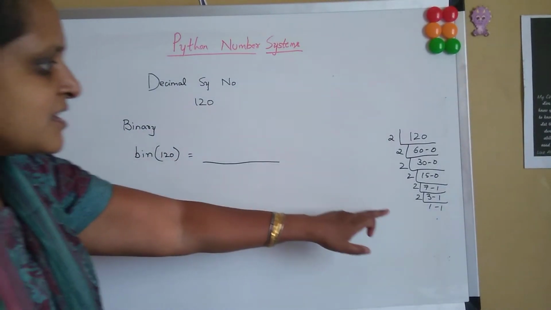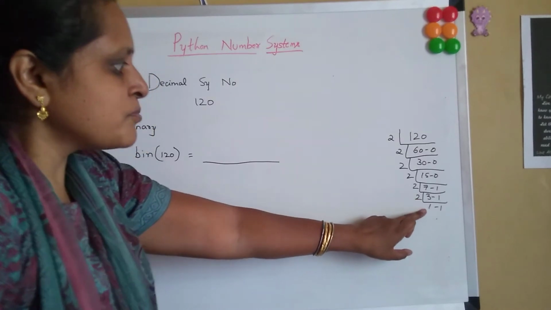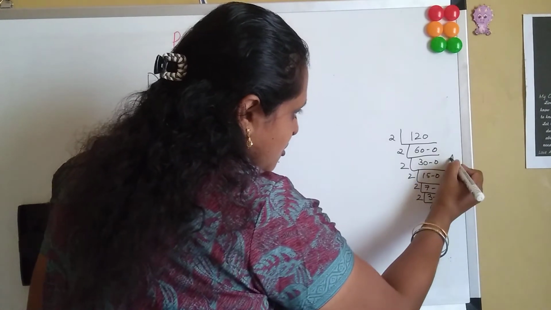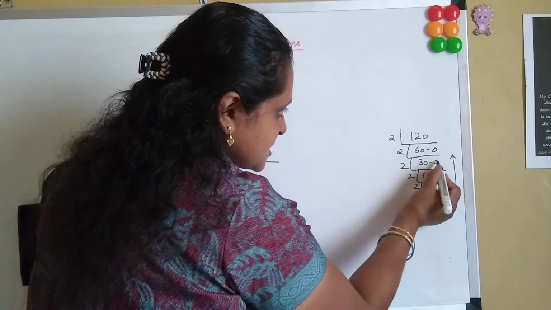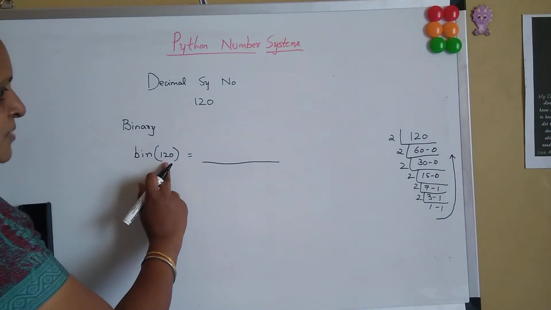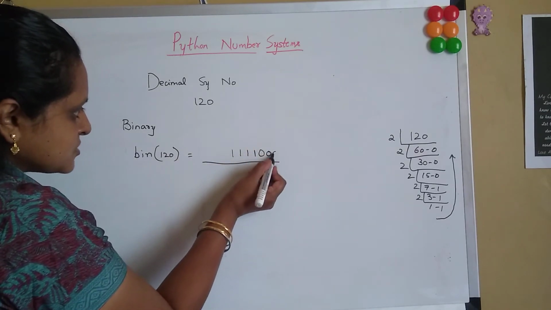And once you divide it, you no longer can divide 1 by 2. So you have to stop at this particular instance and then traverse from bottom to top. So the number would be 1, 1, 1, 1, 0, 0, 0. So the binary representation of the number 120 would be 1, 1, 1, 1, 0, 0, 0.